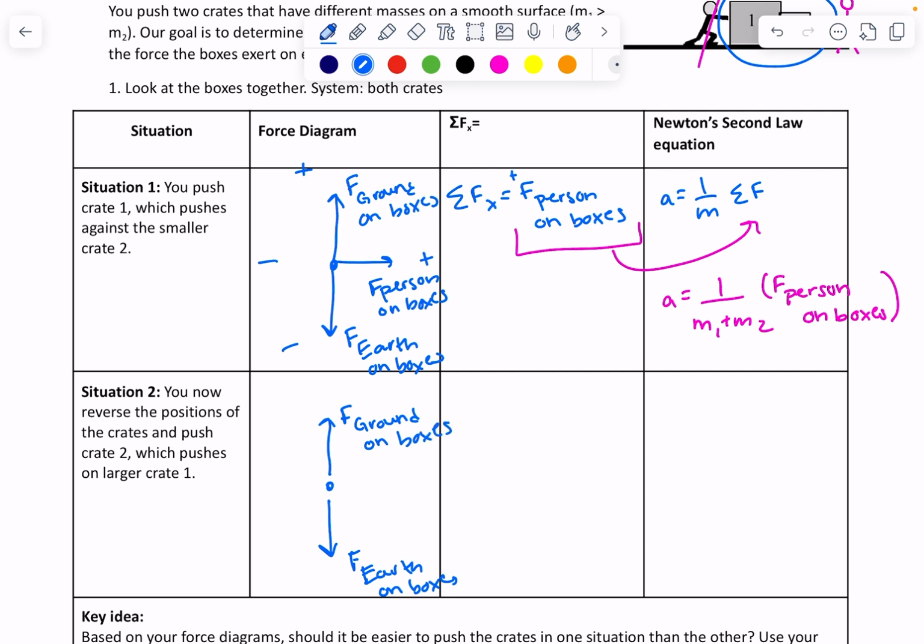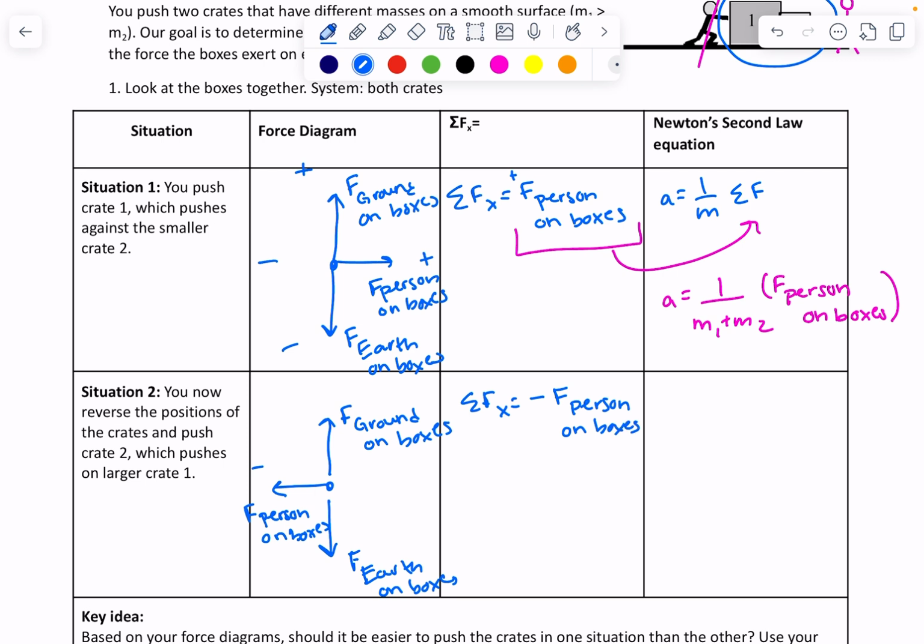But this time the force of the person on the boxes is going to be in the negative direction. So now my sum of the forces in the x direction is the same, but it's negative. So negative force person on boxes.